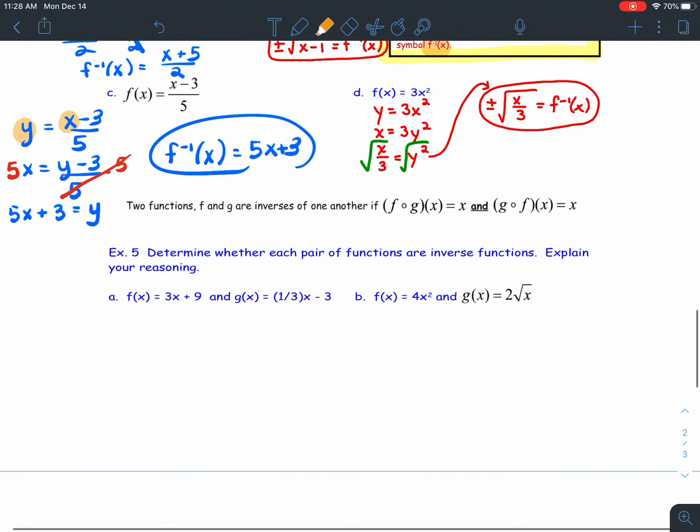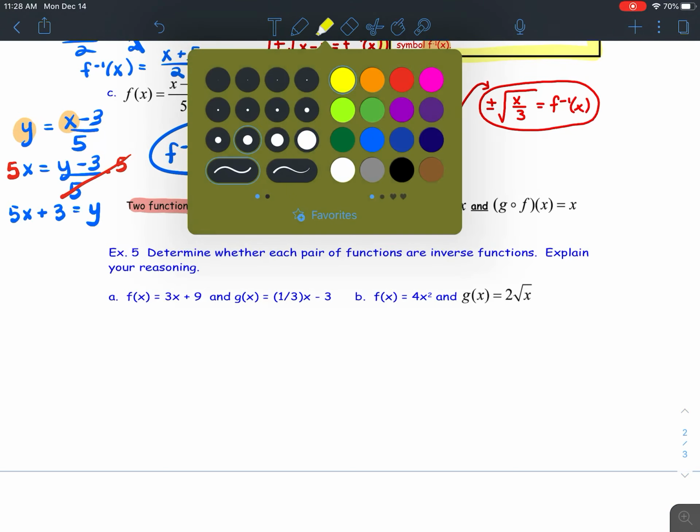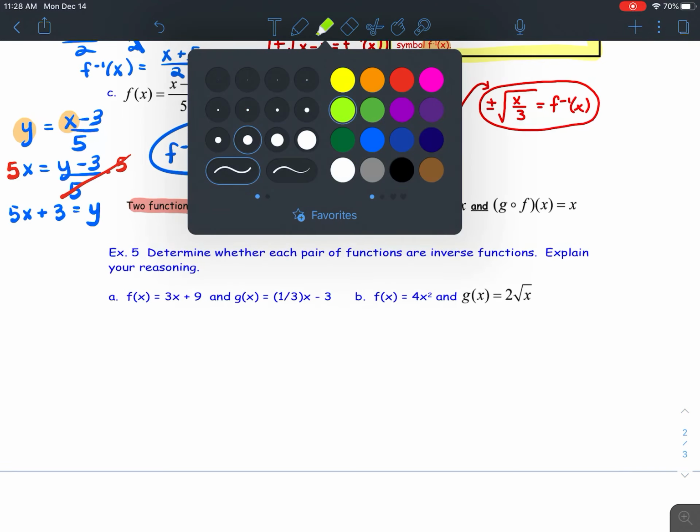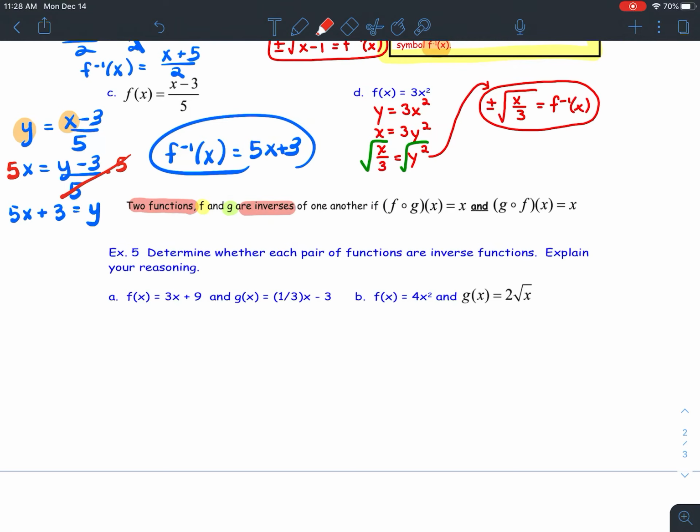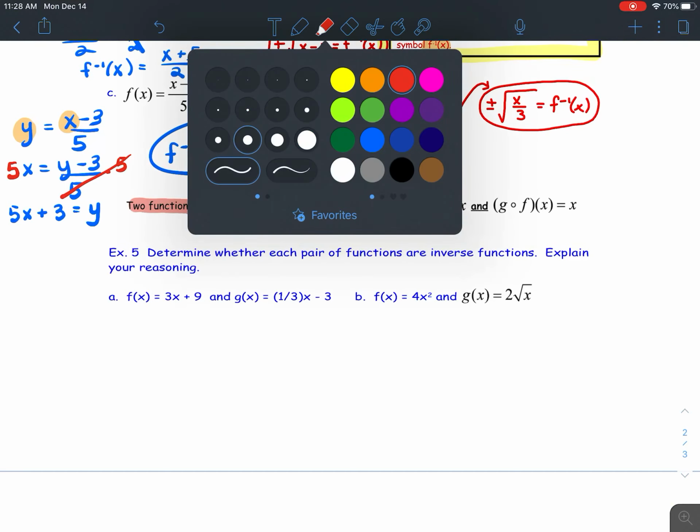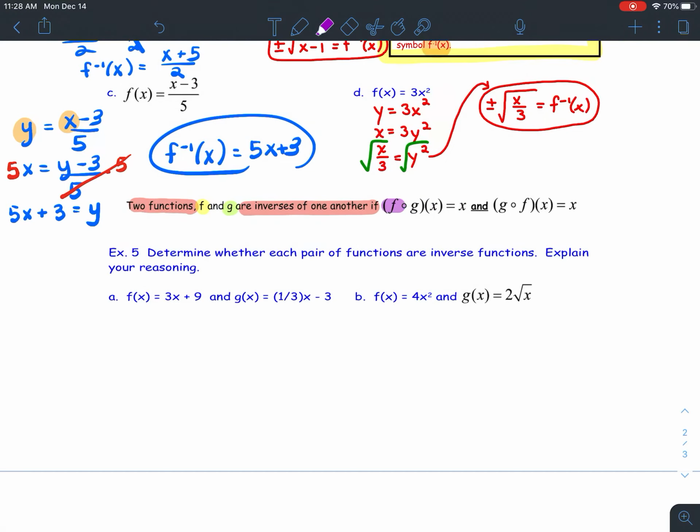Okay, we're going to end today with this test. Okay, here's our test. If you're given two functions, we will call one f, we will call the other one g. Okay, the two functions are inverses of one another if you can show both of these things. Okay, this is tying in what we learned in section 6.1 with composition.